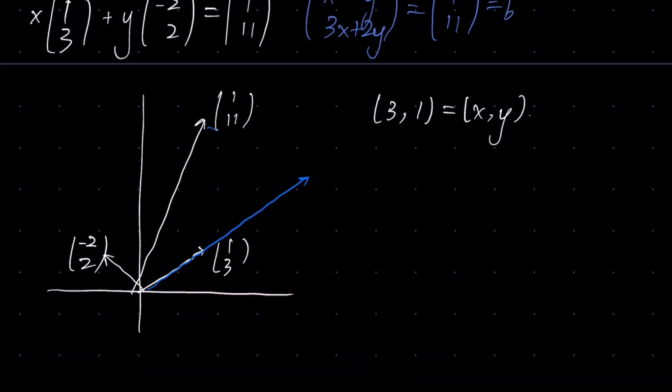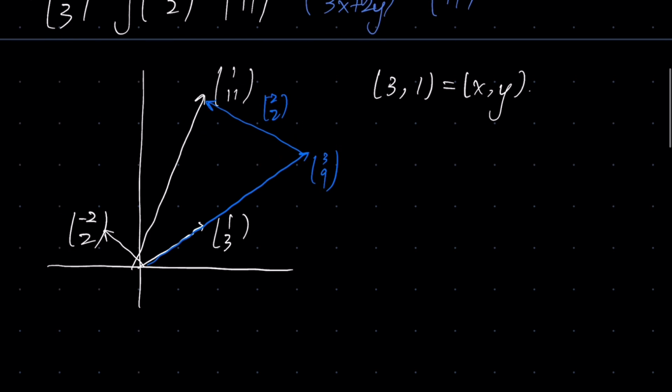So we can join them head to tail, where this vector is (-2, 2), and this vector is (3, 9), after we multiplied vector (1, 3) by 3. Sorry about this because it's very much not to scale, but you get the idea. I'm trying to show you that the right-hand side vector b is simply a combination of the column vectors we derived from our system of equations.